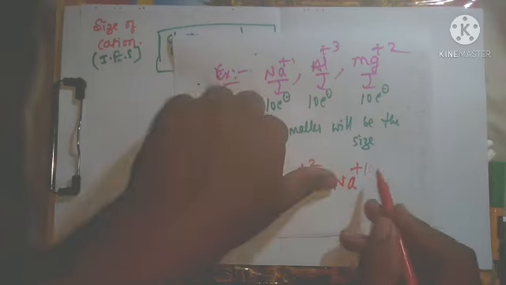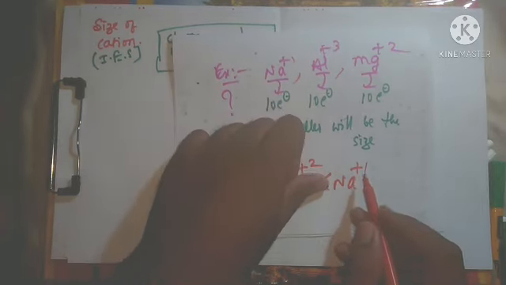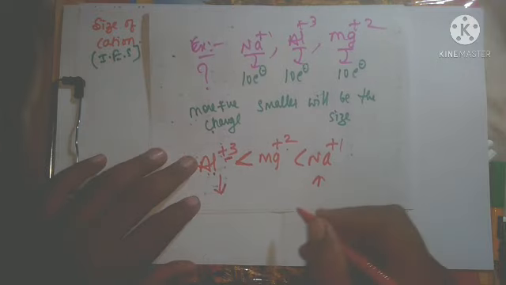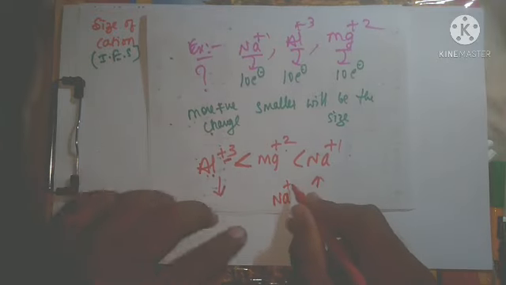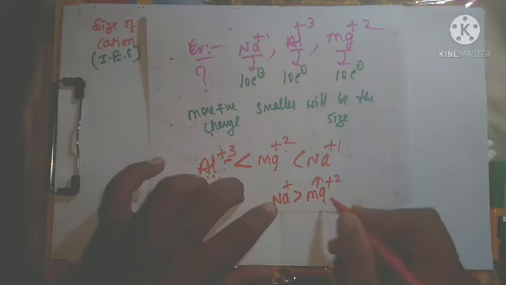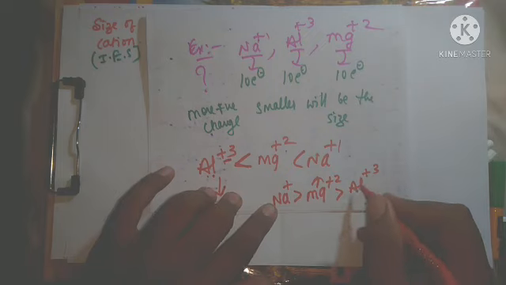Here +1 compared to +2 and +3 is a smaller positive charge, therefore it has larger size. Just remember this one. Decreasing order of size is Na+, smaller positive charge, therefore larger size. Mg+2, little larger positive charge, smaller size. Al+3 has more positive charge, therefore very smaller size.